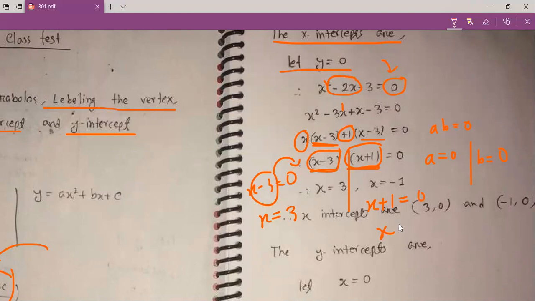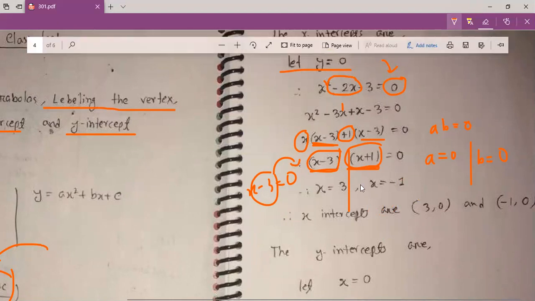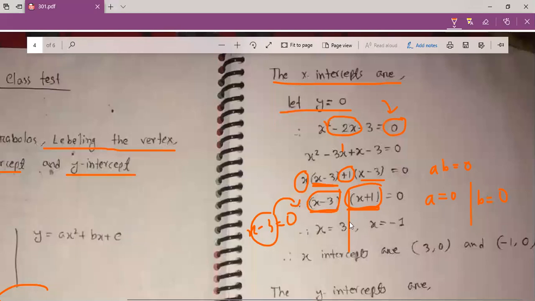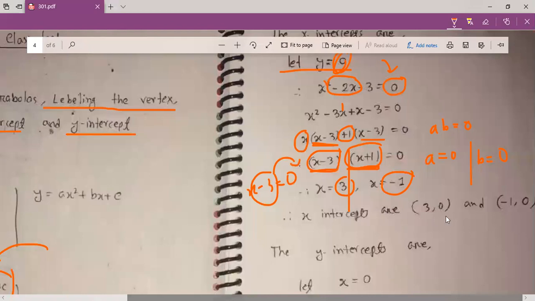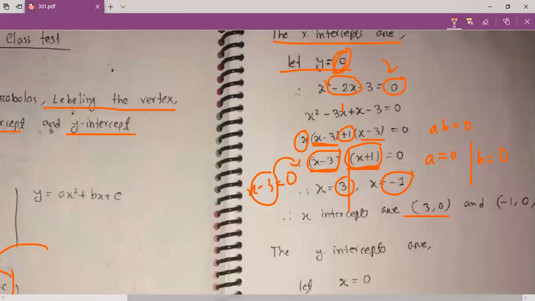So x will be, this will go from left to right. So x will be minus 1. So we found two values, right, for x. So for x is equal to 3, y is what? y is 0, right? And for x is equal to minus 1, y is also 0. So we get 2 points. So our x-intercepts are 3, 0 and minus 1, 0. Okay.